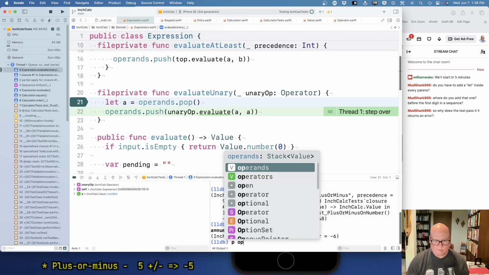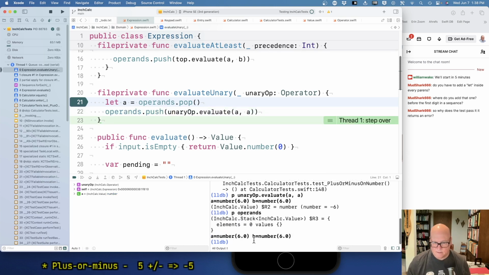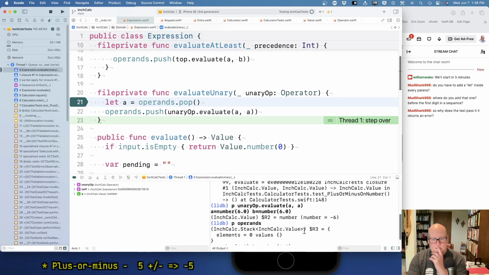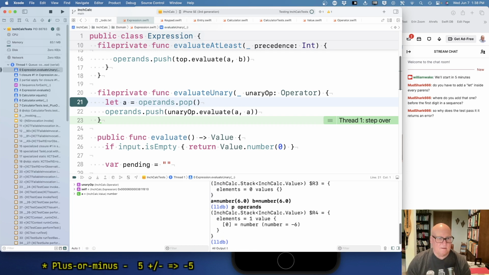Okay, let's print operand should be empty. Step over. Now operand should have number -6. Wait a minute. Oh, number -6. Yes, that should be there now. Okay.